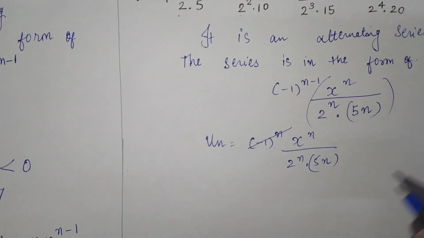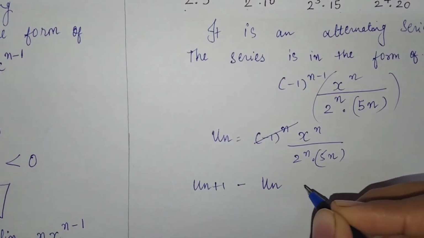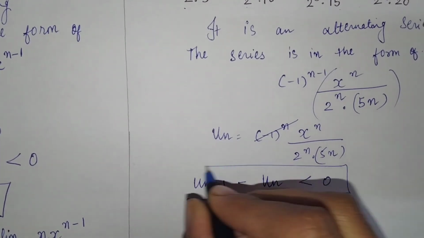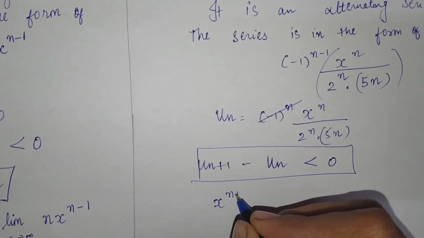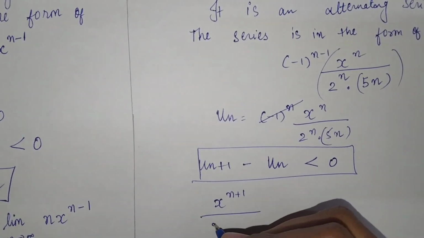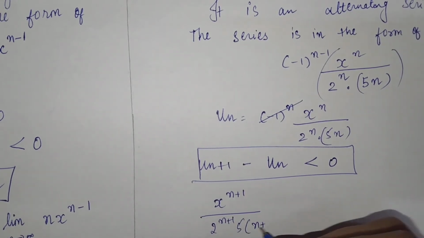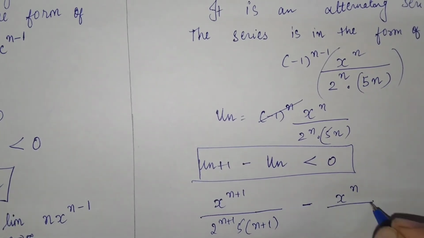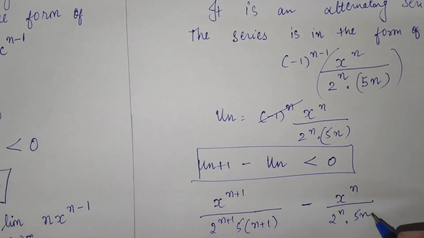So now again we will check whether un plus 1 is less than un or not. So we will check this condition. So un plus 1 will be x raised to n plus 1 by 2 raised to n plus 1 into 5 into n plus 1 minus our un, that is x raised to n by 2 raised to n into 5n.